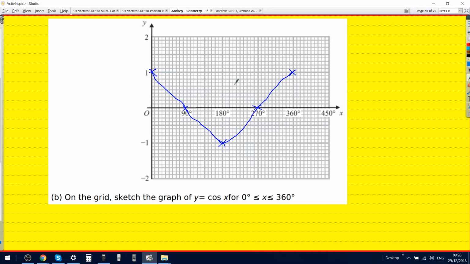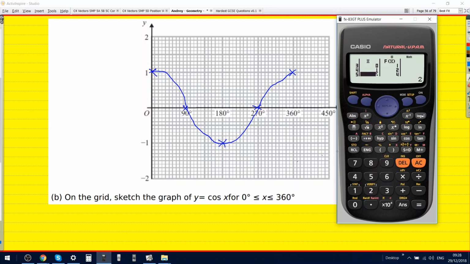Is that correct? My drawing of it isn't correct. It should look kind of like that. There we go. If you're stuck, same thing: cos x.